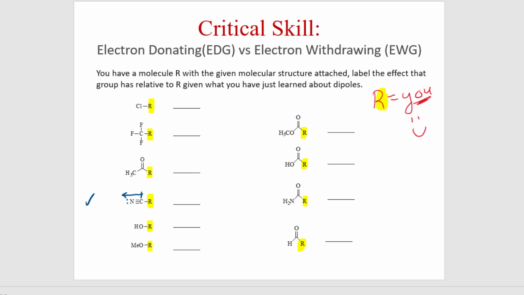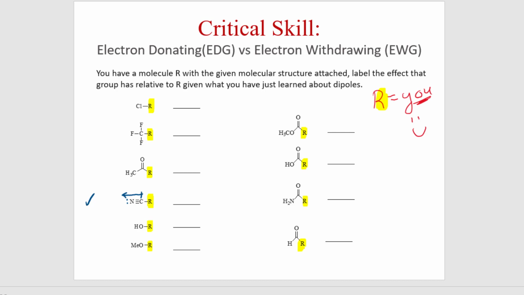So if you are R, that dipole moment for that whole unit attached to you, what is that unit doing? Is it withdrawing electron density from you as indicated by the dipole moment, or is it donating electron density towards you given the dipole moment? Well, just look at the dipole moment arrow. It's going definitively away from you.